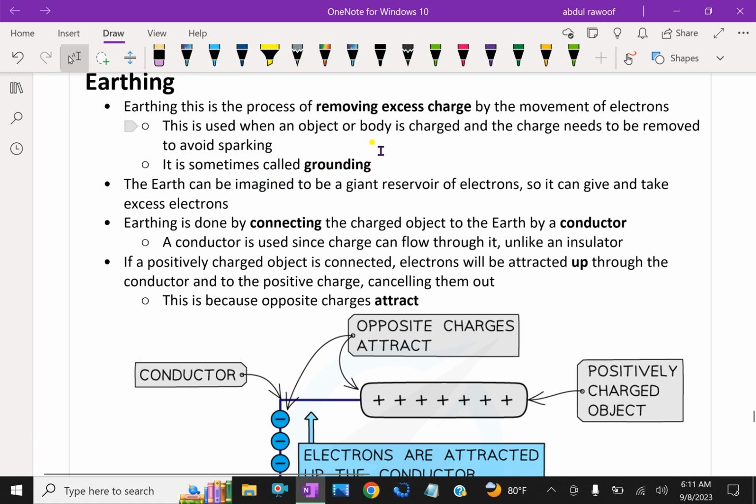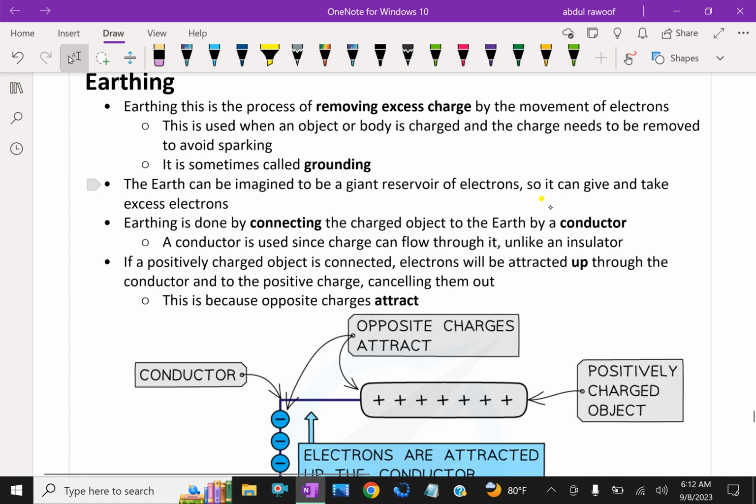Big vehicles run fast on the road, and because of air friction they become somewhat charged. So after charging, the body must be earthed to the ground to become neutral. Otherwise, sparking is possible. The earth can be imagined to be a giant reservoir of electrons.